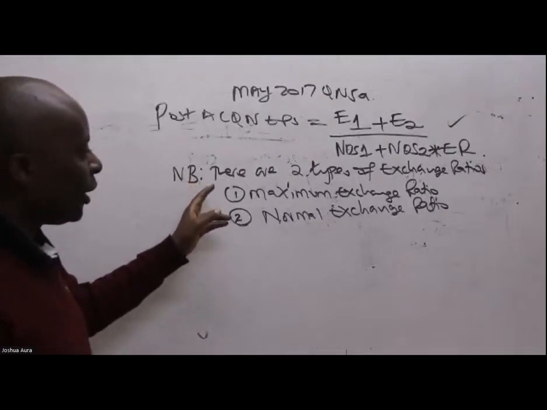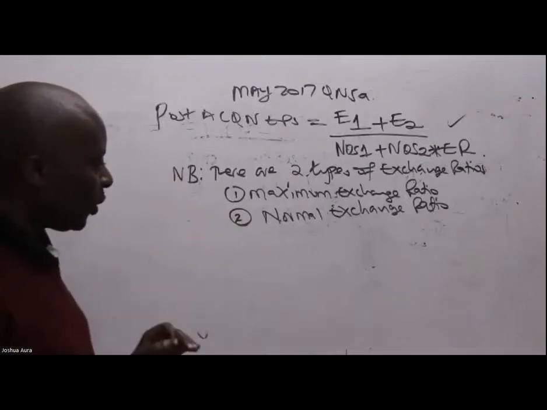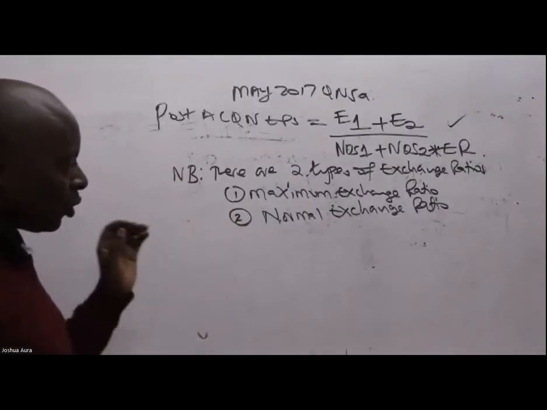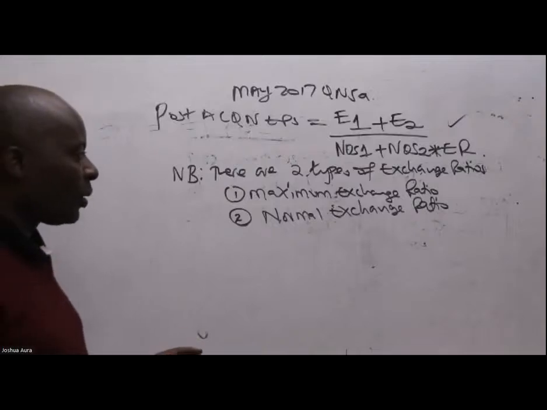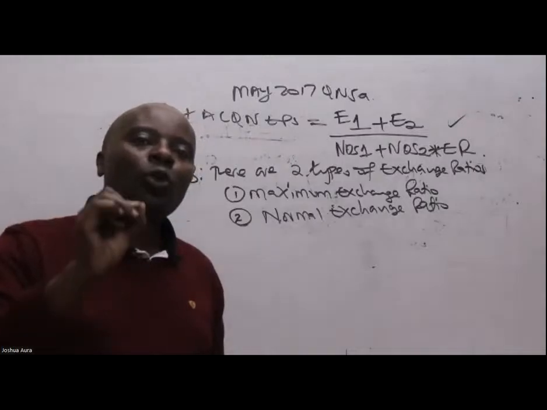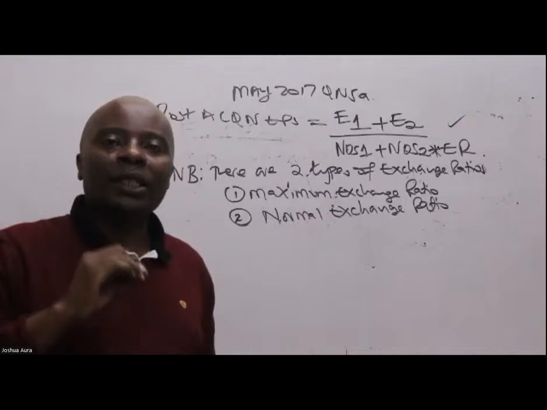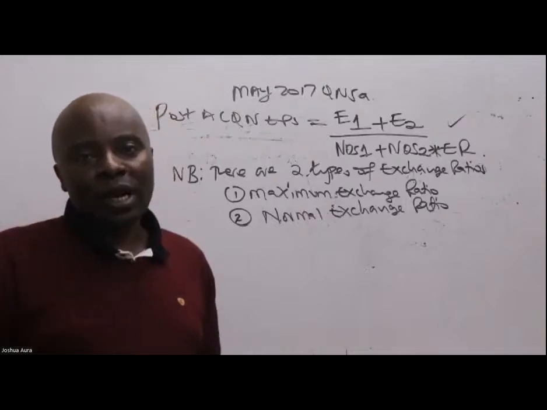Great. So there are 2 types of exchange ratios. Number 1, we have the maximum exchange ratio. And number 2, we have the normal exchange ratio. If the examiner specifically asks you to calculate the maximum exchange ratio, then there is a formula that I've always wanted you to cram.